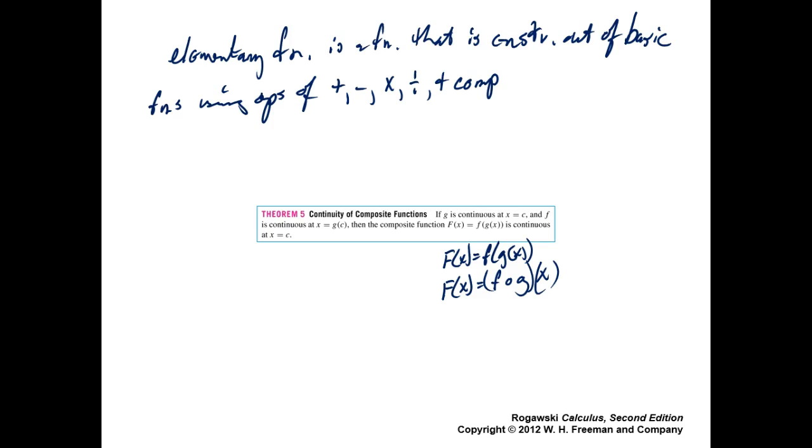Since the basic functions are continuous on their domains, remember that little caveat, an elementary function is also continuous on its domain by the laws of continuity, which we've just been doing.